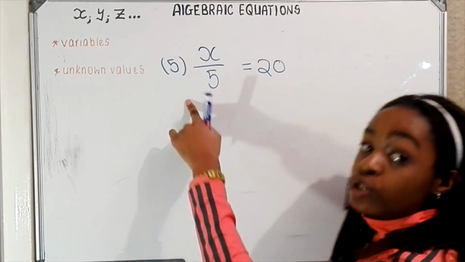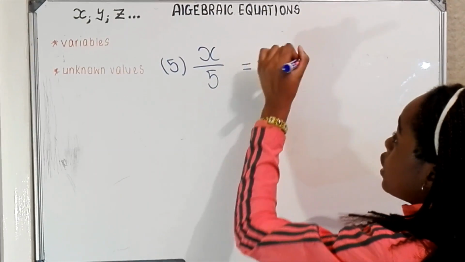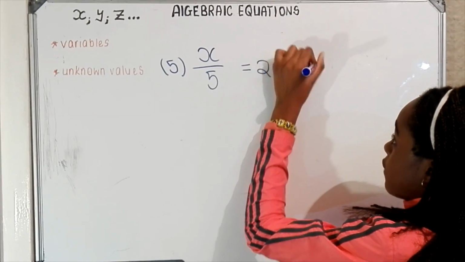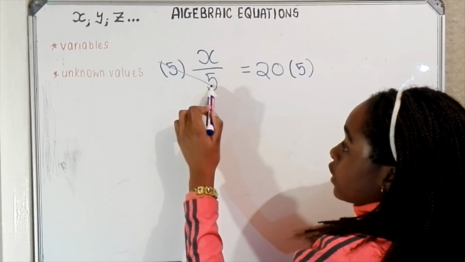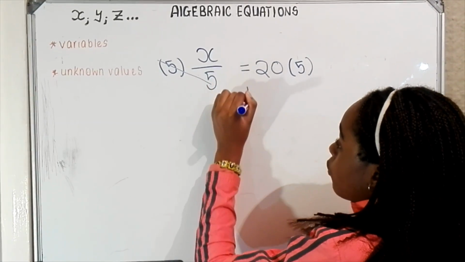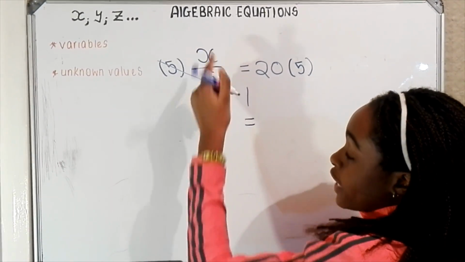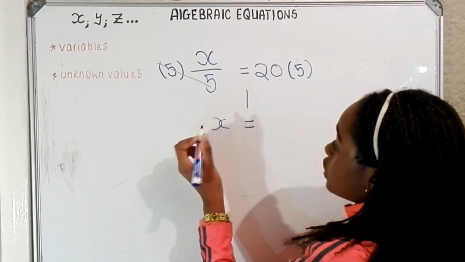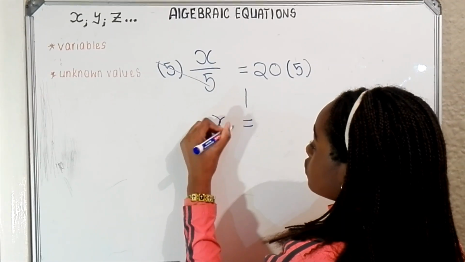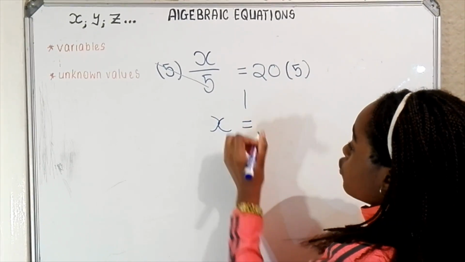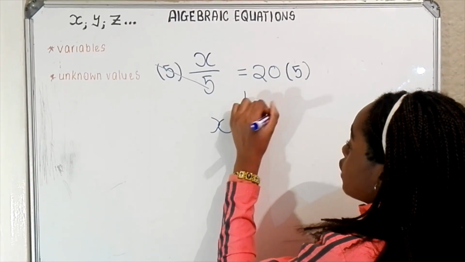Whatever you do on this side, you have to do on this side as well. So we have to multiply by 5 as well. The 5 and this 5 cancel out. We bring this all the way down. We have x on its own. We have 20 times 5, which will give me an answer of 100.